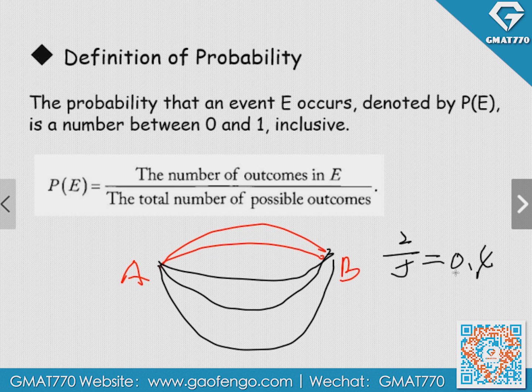So 0.4 is the probability of the red lines from A to B. Actually, we can say that probability is just an extension of combination and permutation. Combination and permutation ask for the outcomes, but probability is just one more step. You need to use the outcomes divided by the total outcomes.